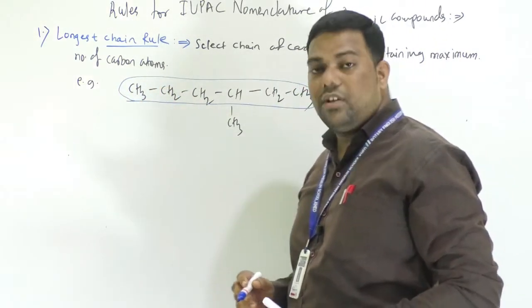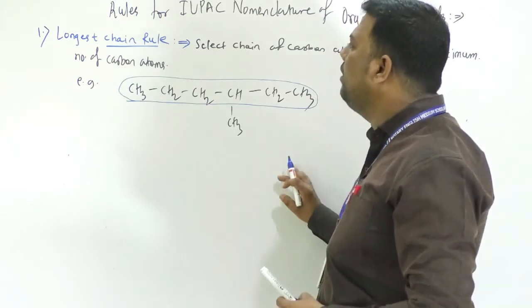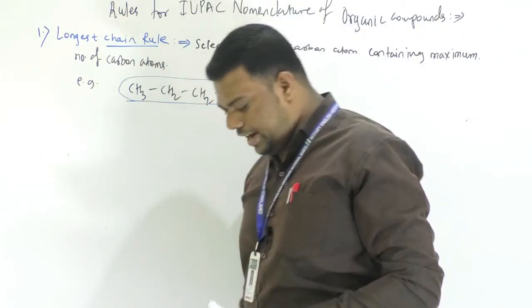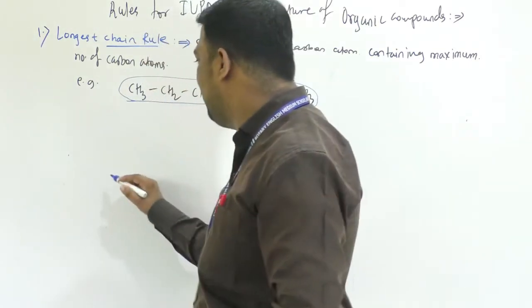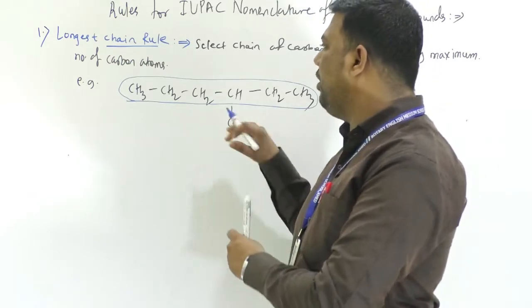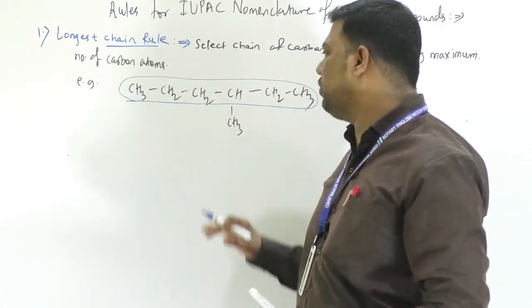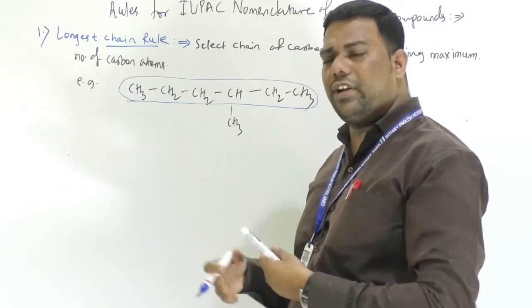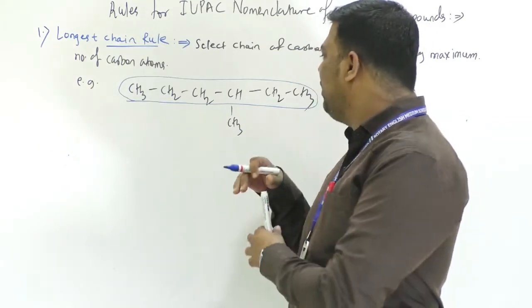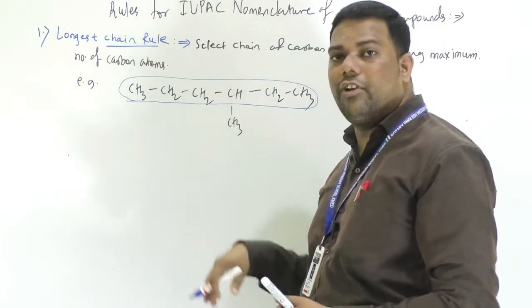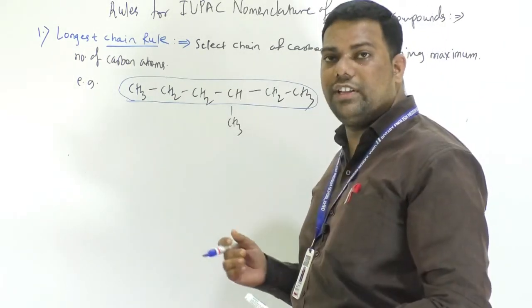So the first rule is you have to select the longest chain. Suppose I write another example. We will also do the naming part and the numbering part, so the next rule will automatically come: how numbering will occur and what is the name of this organic compound.